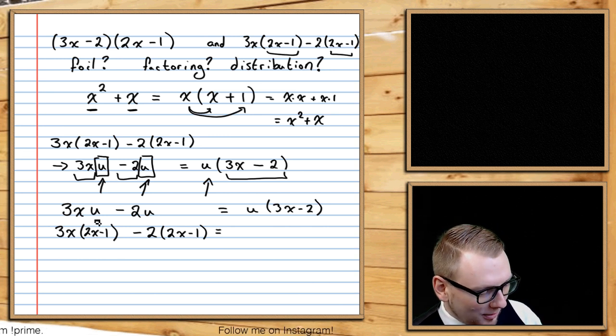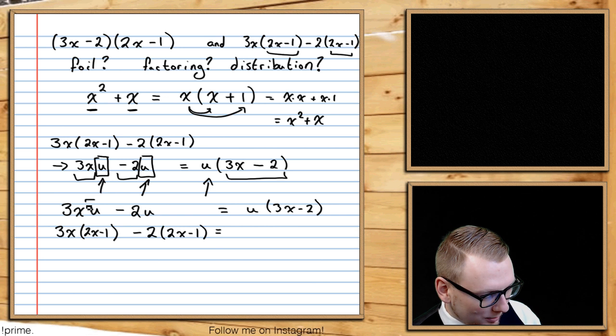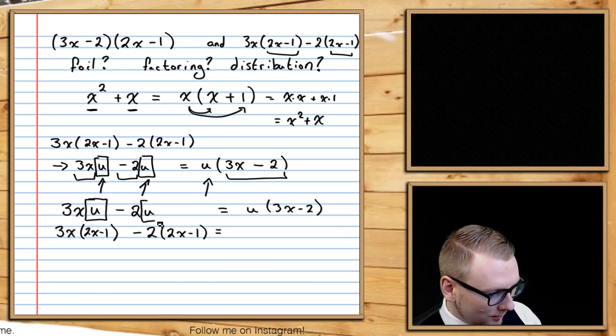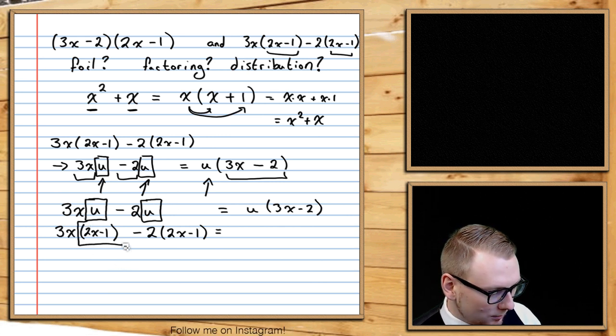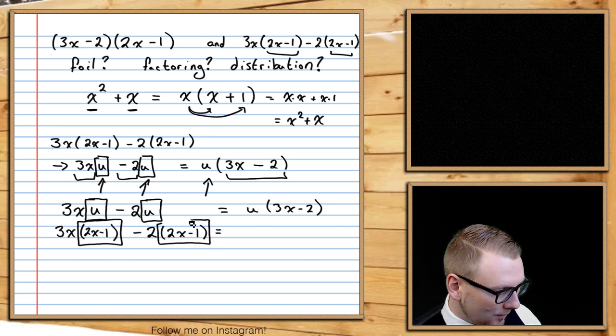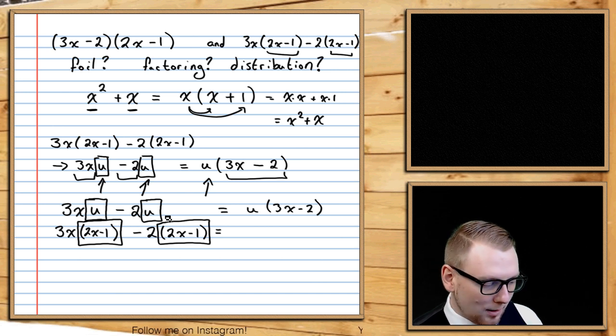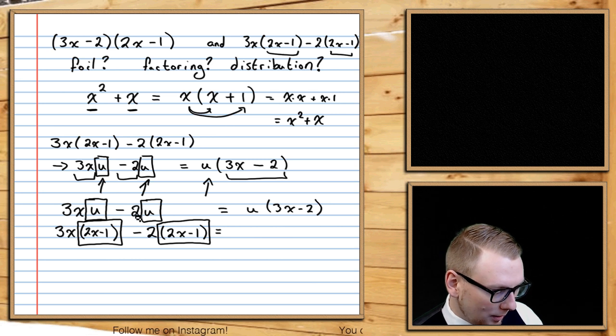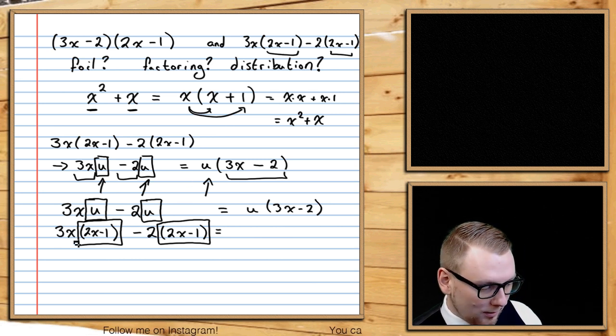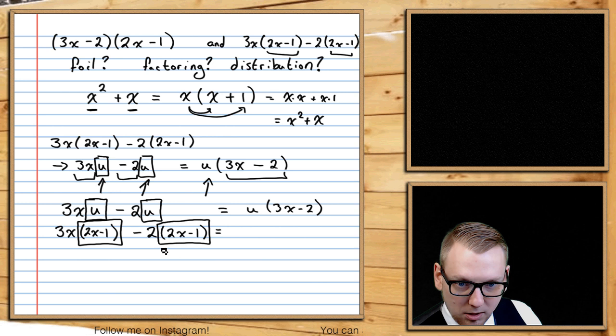I'm going to draw just a one quick little box then. These u's and this. It's the same. Look, we have 3x times u minus 2 times u, and then the 3x times the same thing.